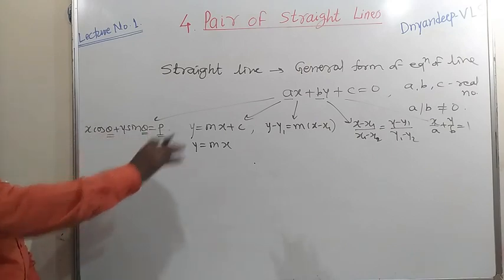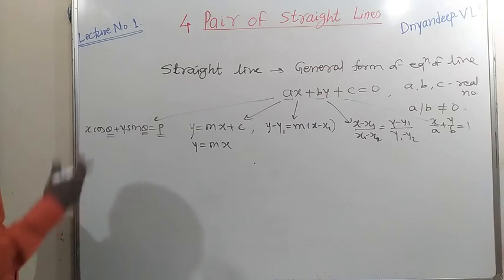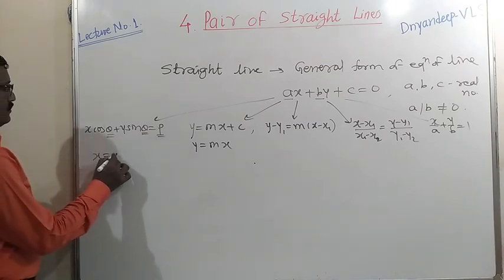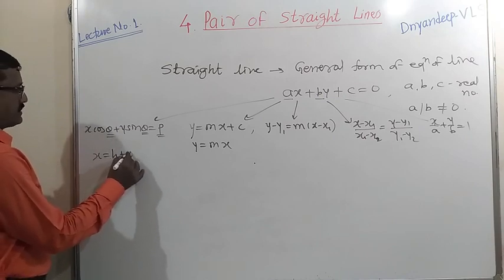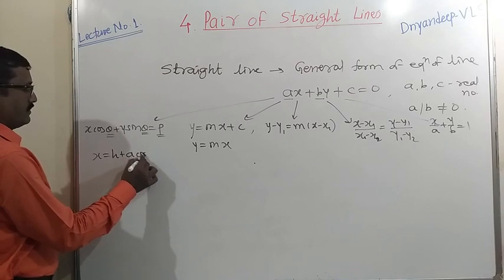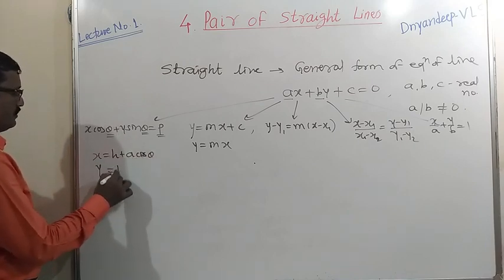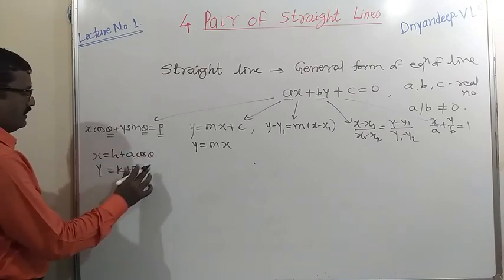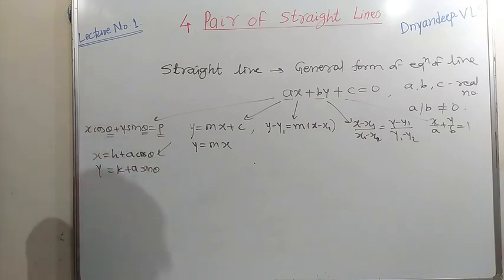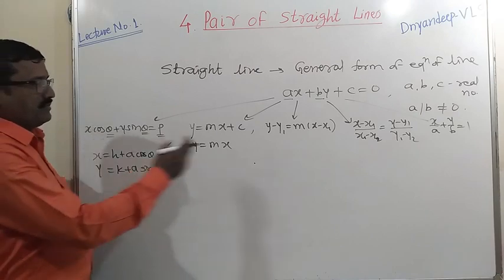So we have learned those 5 forms. Again, there is one more, that is parametric form, that is x equal to h plus r cos theta, and y is equal to k plus r sin theta. So that one is the last form of line.